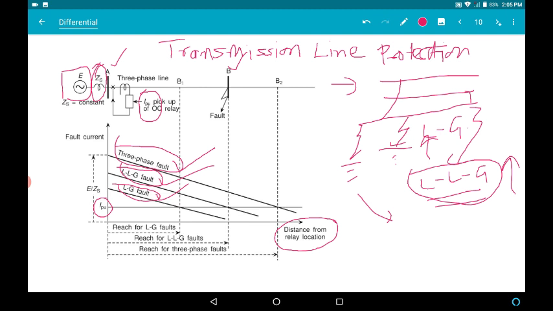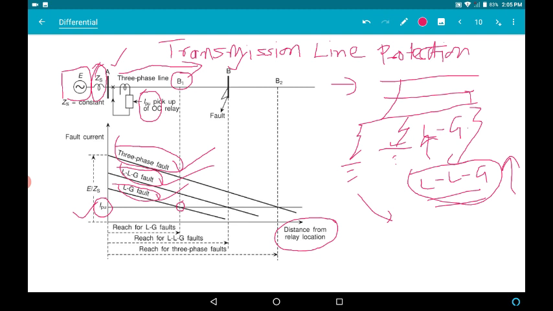So as you go from point A to point B, more and more impedance is coming into picture, so the current will go on reducing, and at a particular point B1, the line to ground fault current will be less than the pickup current, so the relay will not trip even though there is a fault.